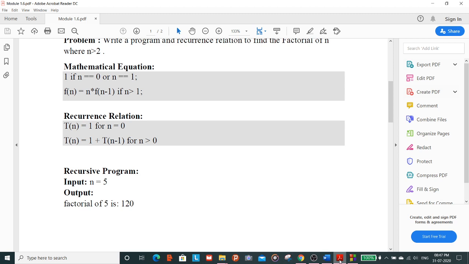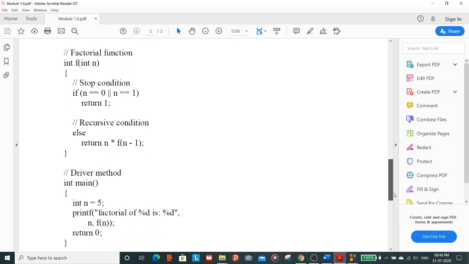But we are discussing recursion, right? The function calls. So the recurrence relation is T of n equal to 1 where n is 0. If the number is 0, then the recursive function gives 1. And if n is greater than 0, it calls 1 plus T of n minus 1.